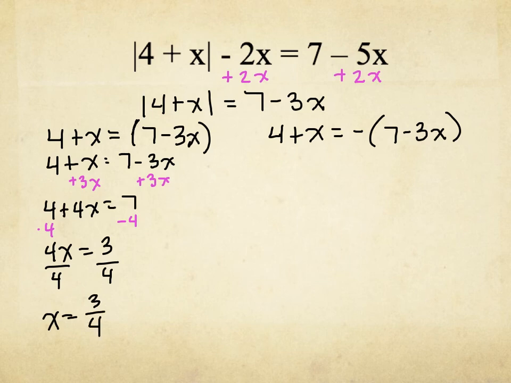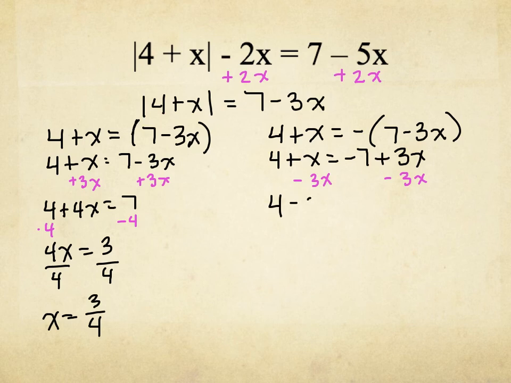And then on this side, 4 plus x equals negative 7 plus 3x. And subtract 3x from both sides. Get 4 minus 2x equals negative 7.